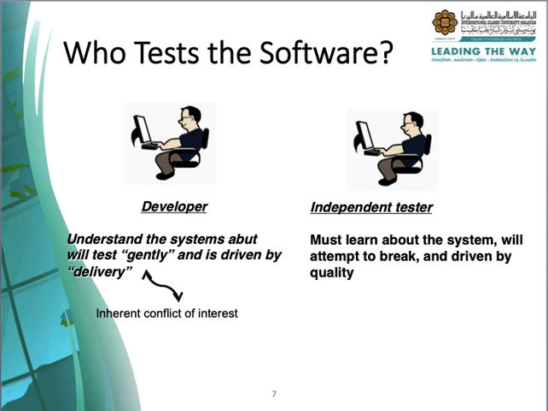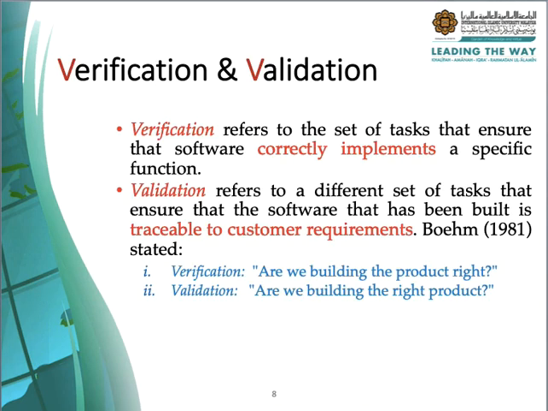Okay, then another term in software testing is verification and also validation. What is verification? What is validation? Verification refers to the set of tasks that ensure that software correctly implements a specific function.